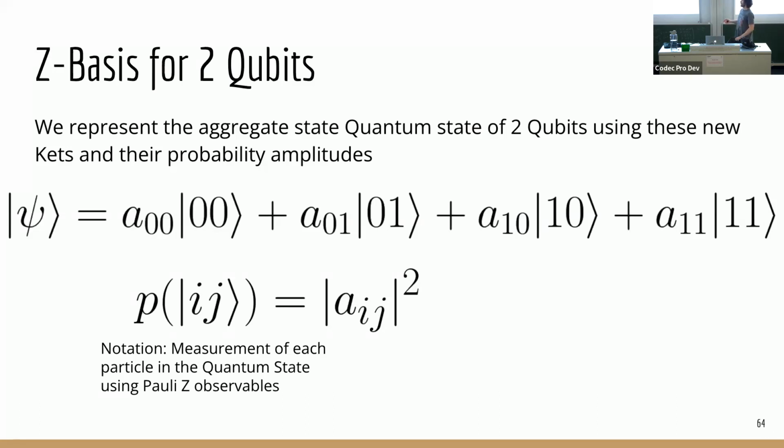And what's very convenient about this notation is if we're taking measurements, again, with the Pauli-Z observable, then the probability that we measure some ij ket is equal to a_ij, that probability amplitude, modulus squared. And you can see here I've shortened the notation for measurement probabilities because we are just assuming the Pauli-Z observable everywhere.